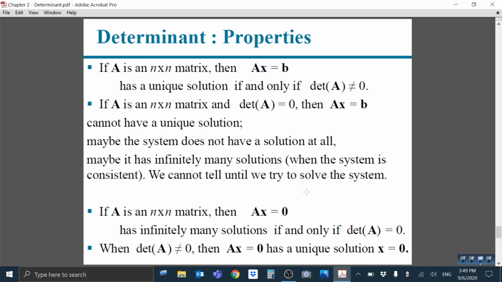By the same token, when the determinant is different from 0, let's say the determinant is 5, that means my matrix is invertible, which means Ax equals 0 has a unique solution, and that solution is x equals 0, because we are dealing with a homogeneous system here. So these are things that we need to learn. Very important properties. We need to learn them and be able to jump from one to another.